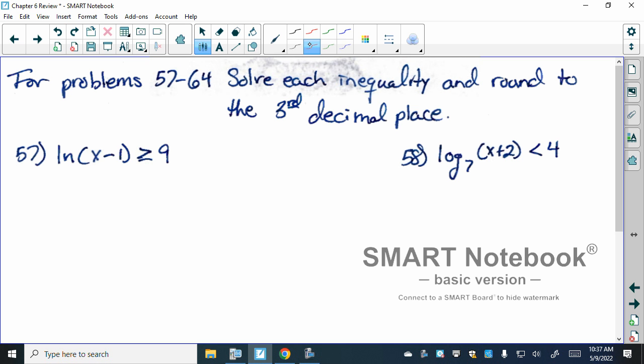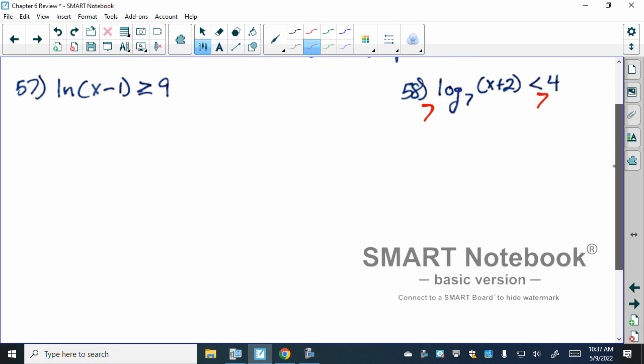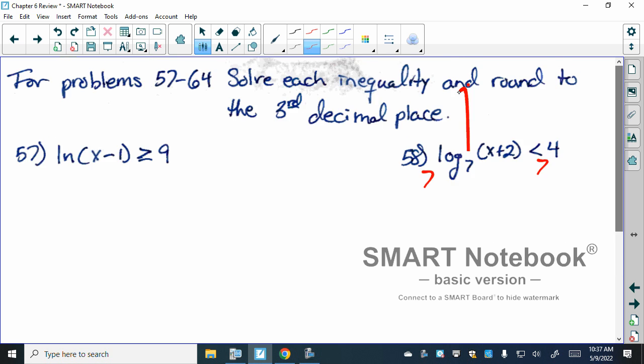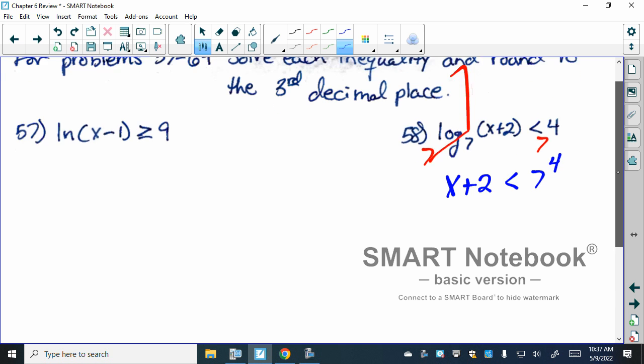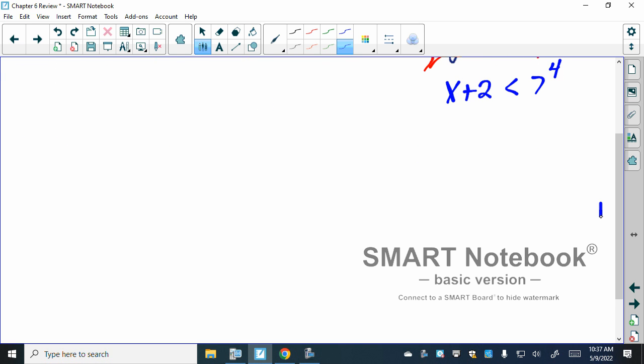And when we look at 58, the first thing we need to do is apply base 7 to both sides, because log base 7 of 7 will cancel out, leaving us with x plus 2 is less than 7 to the 4th. Now we could have plugged 7 to the 4th into the calculator and got a decent answer, because it'd be the same as 49 squared.